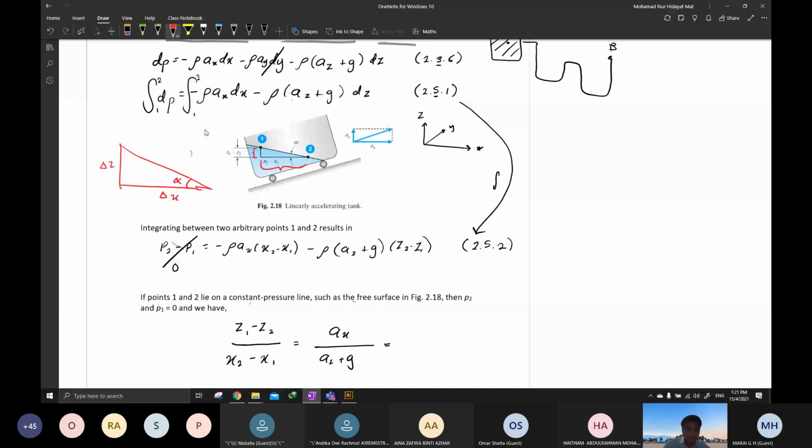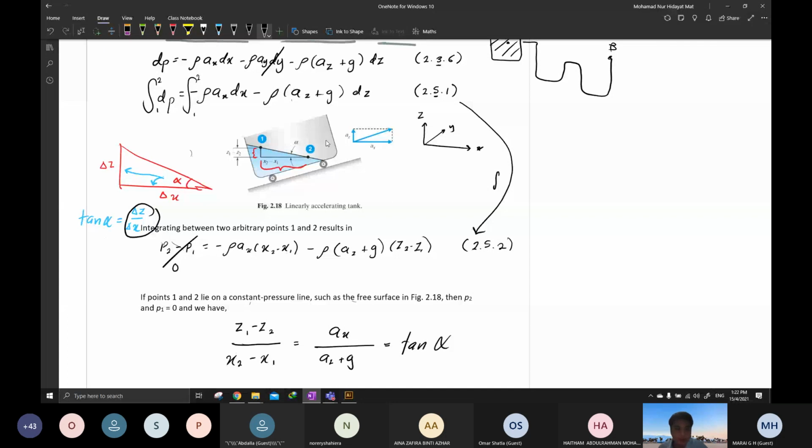So what can we relate delta x and delta z? Tangent. Tangent alpha equals delta z over delta x. So this term is the same as this, so we can simply put it equal to tangent alpha.